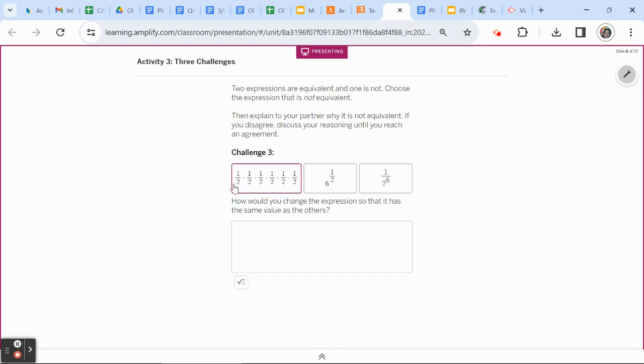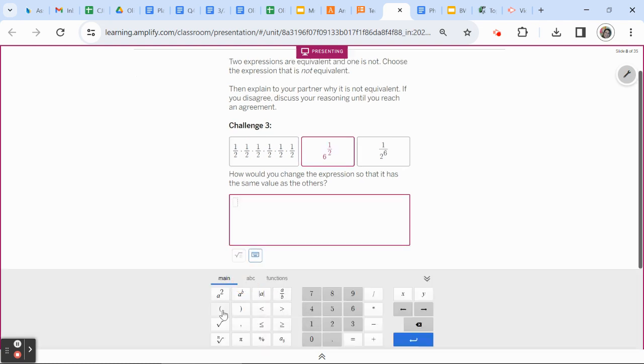Well, our base is a half. And this one, our exponent is a half. So that is why the middle one does not belong. It should be as an exponent of a half to the 6th power. And then, boop.